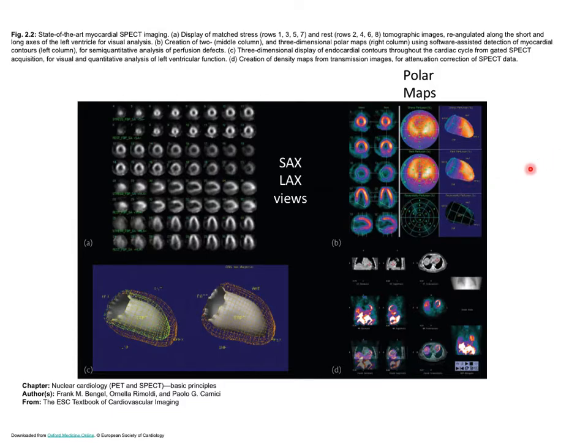A common way of looking at the entire thing on a flat surface, so now I don't have to carry a 3D model around, I just want the whole thing on a flat 2-dimensional piece of paper that I can print out, is to make a polar map. And this is the entire surface of, say, the epicardium mapped down onto a 2D surface. So it's like making a world map, right?